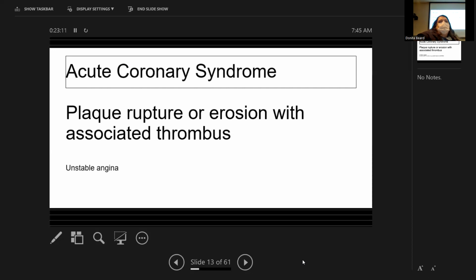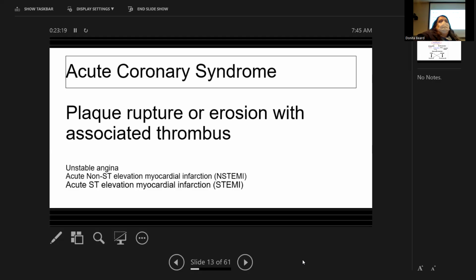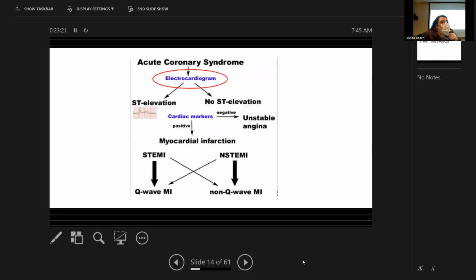So the three acute coronary syndromes are unstable angina, acute non-ST elevation myocardial infarction or NSTEMI, and then acute ST elevation myocardial infarction. STEMI is kind of easy, right? It's an EKG diagnosis. If somebody has classic ST elevation and reciprocal changes, that's a STEMI, and you move on to that pathway.